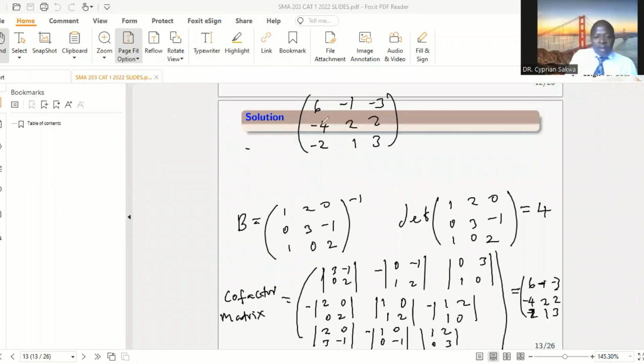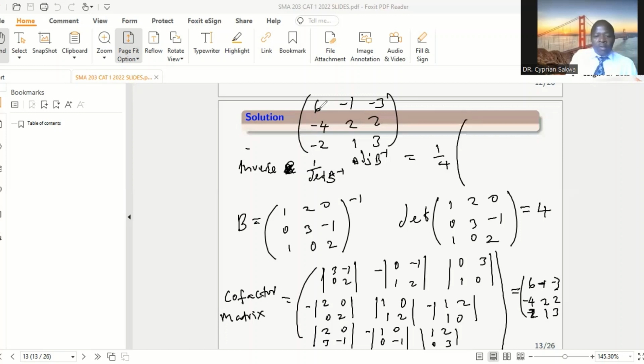Now that we have the cofactor matrix, what follows is the adjoint. And I know that the inverse of the matrix, our matrix B now, which is the inverse, will be given by 1 over determinant times the adjoint. 1 over our determinant was 4.